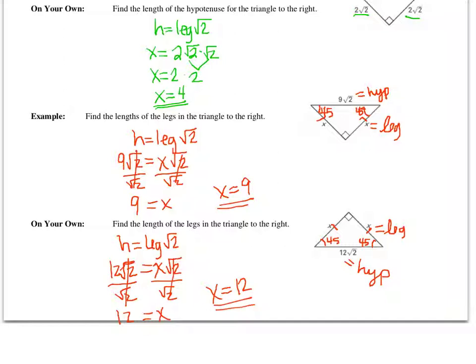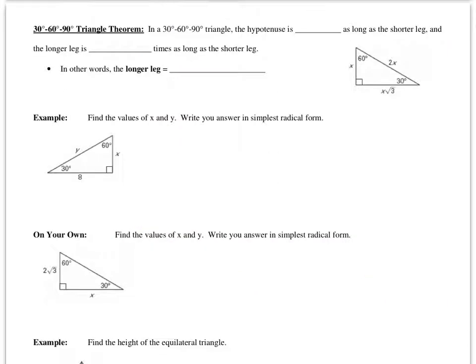Let's look at the other side of this page. So our next special right triangle is the 30, 60, 90 right triangle. So we're looking at the 30, 60, 90 triangle theorem. So these hold true when we've got a 30, 60, 90 triangle.